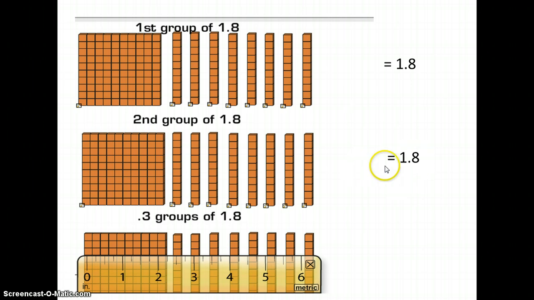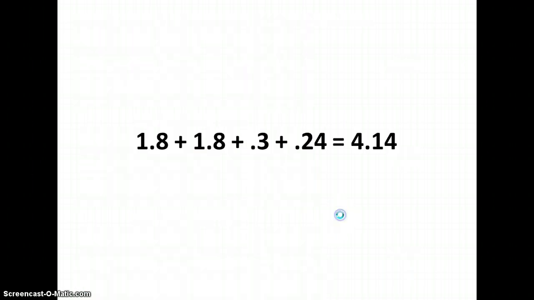And this answer will be the same for the second group. And for 3/10 groups of 1 8/10, it will come out to be 54/100. So that comes out to be 1 8/10 plus 1 8/10 plus 3/10 plus 24/100 equals 4 14/100.